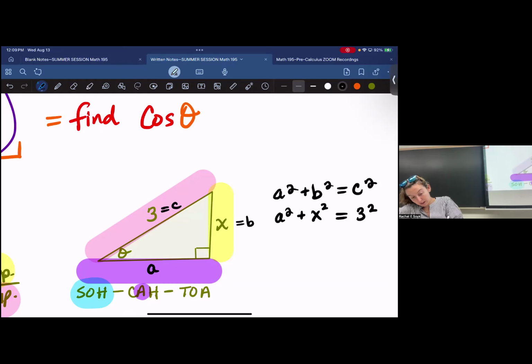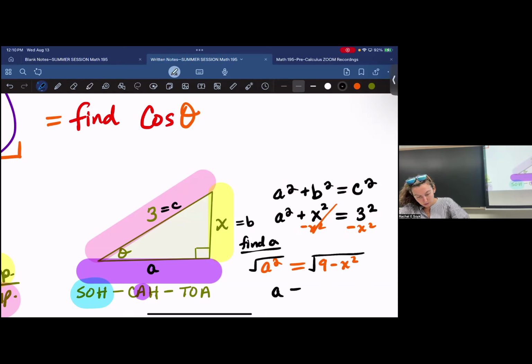And then let's find a. So we'll subtract both sides by x squared. And so we get a squared equals 3 squared is just 9. So we have 9 minus x squared. And then let's take the square root of both sides. So our a value is just simply the square root of 9 minus x squared.